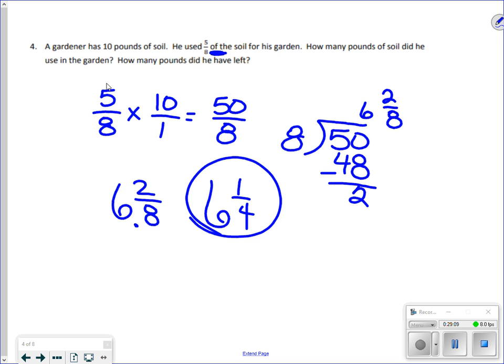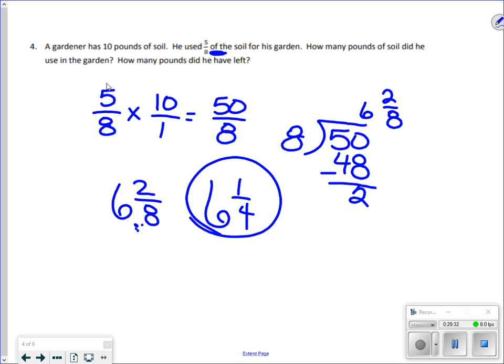No, so why would you? Because you just want to be extra? So 6 and 2/8 is technically not wrong because they're equivalent. They are equal to the same thing.